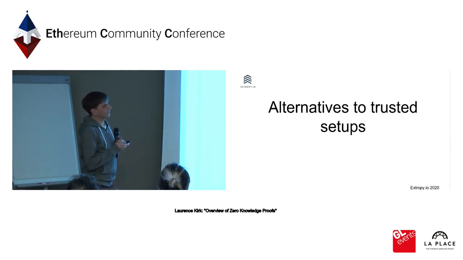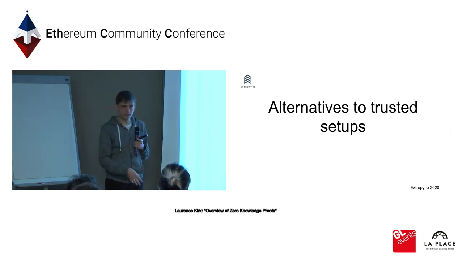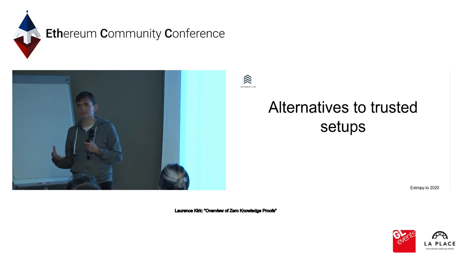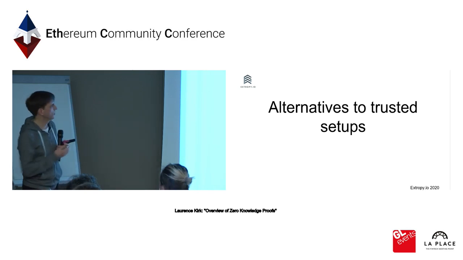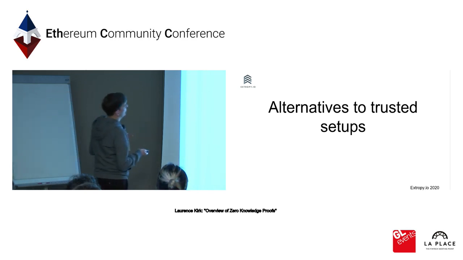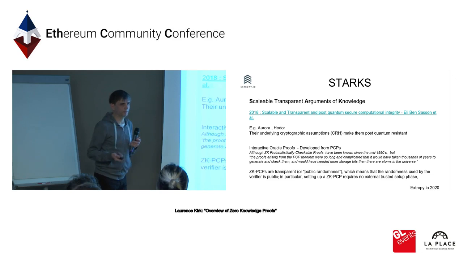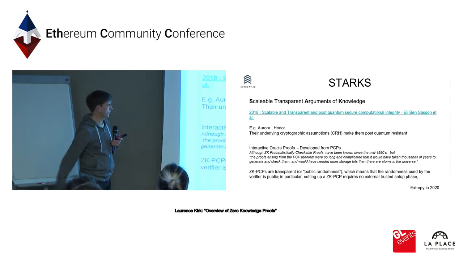Okay, so I spoke about the trusted setup and how people see this as potentially a real disadvantage, and there are alternatives to this. The one that people will perhaps best know are Starks. There's one of the papers there for Aurora, and people have done more projects on these.